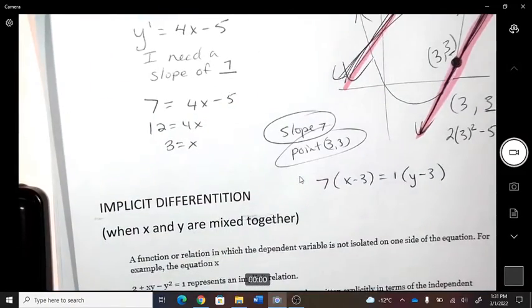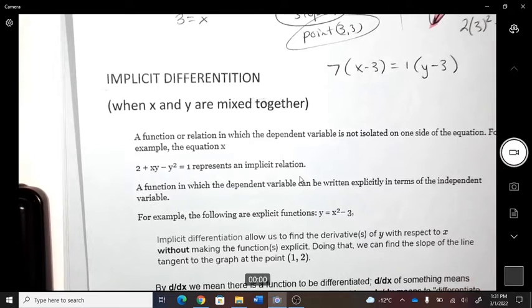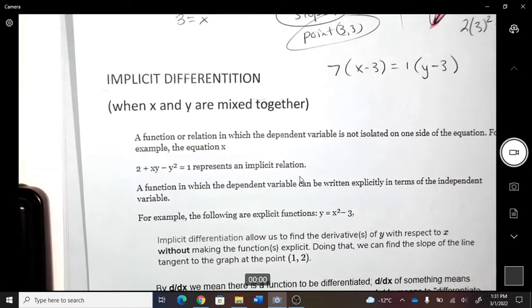So implicit differentiation means we're going to derive with x's and y's all mixed up together. Because before, we were only deriving with y equals, so y isolated. So let's see what happens here.